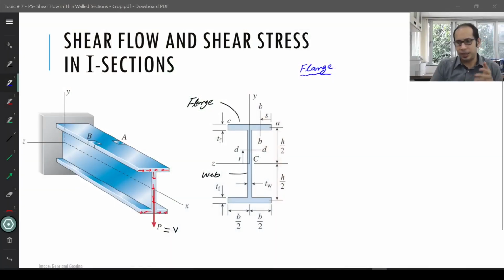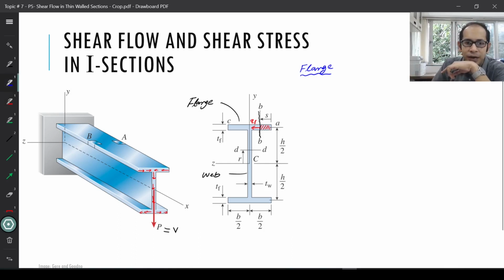I'm trying to find the Q which is going to act over there, what is the magnitude of that Q. So at this edge, where I have drawn this section BB, what is the value of the Q that I'm getting here? So Q or tau in the flange, that is what I'm trying to get, right? So let's go ahead and write that one over here.